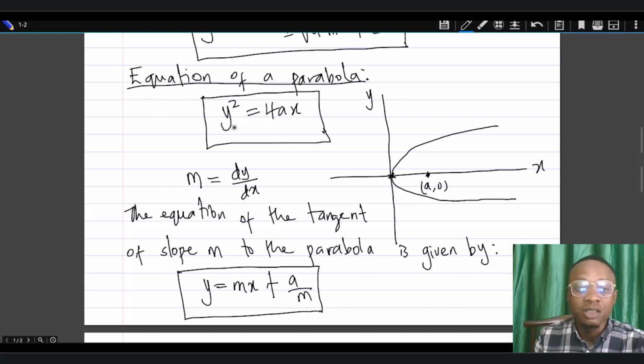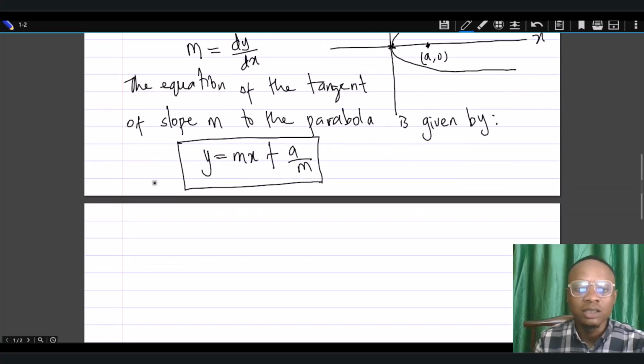You can differentiate this implicitly and obtain the slope m equal to dy/dx at that particular point, and of course this will be in terms of x and y. Then you should write x in terms of m and also y in terms of m, making use of this result and also this equation. When you do that, you can use the result to obtain this equation.